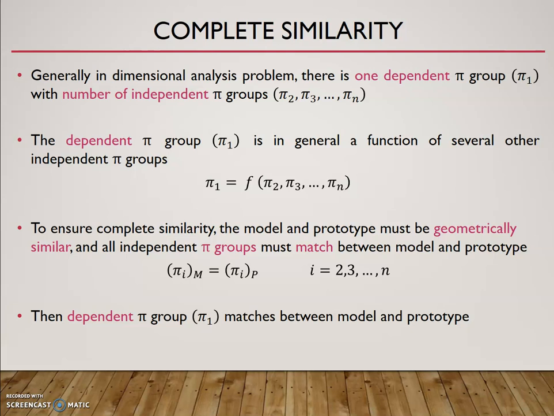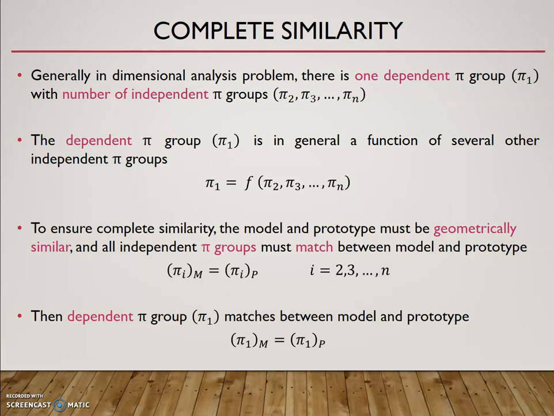Using all these results, we can match the dependent pi group of the model with the prototype to calculate the values of dependent variables. That is the theory related to dimensional analysis. First calculate the pi groups, then match the similarities to find the unknown variables from the model results. I hope you have understood the concept behind dimensional analysis and model testing.